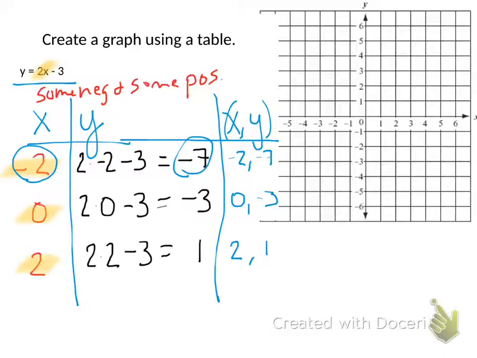So I'm going -2, -7. And there's my first point on my graph. And then I go 0, -3, and there's my second point, and 2, 1. There's my third point. We're going to connect those guys with a nice straight line, and don't forget your arrows on the end. Ooh, those arrows are a little fat. Let's fix that. Oh, that looks way better. Beautiful. So you've just created a graph using a table.